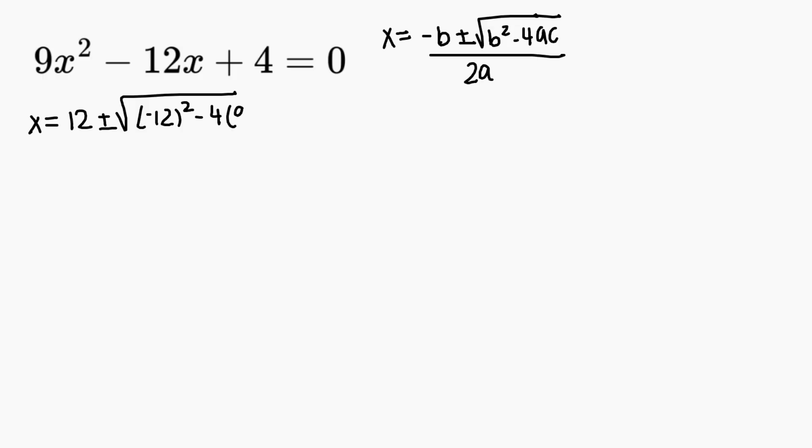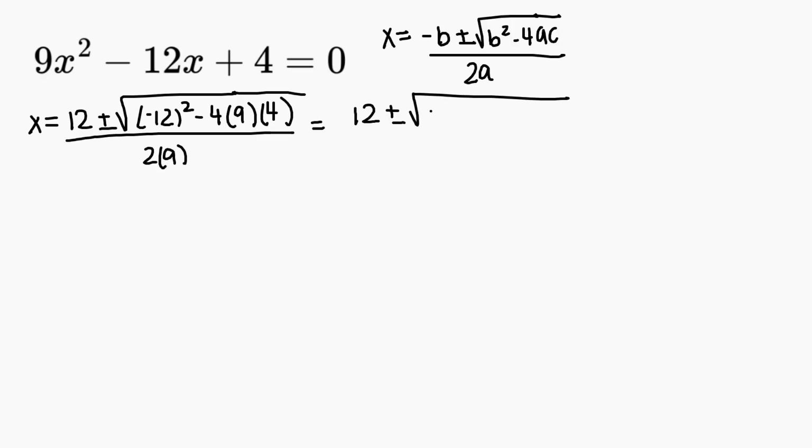4 times 9 times 4, over 2 times 9, which is equal to 12 plus or minus... -12 squared is 144, minus 4 times 9, which is 36, times 4, which is 144.